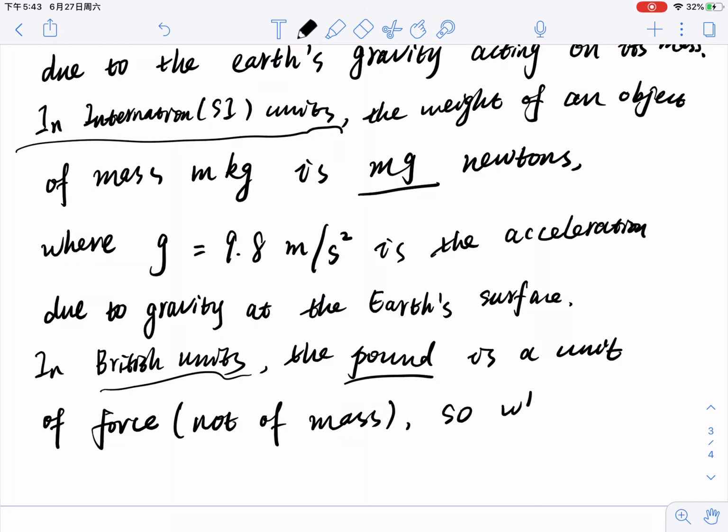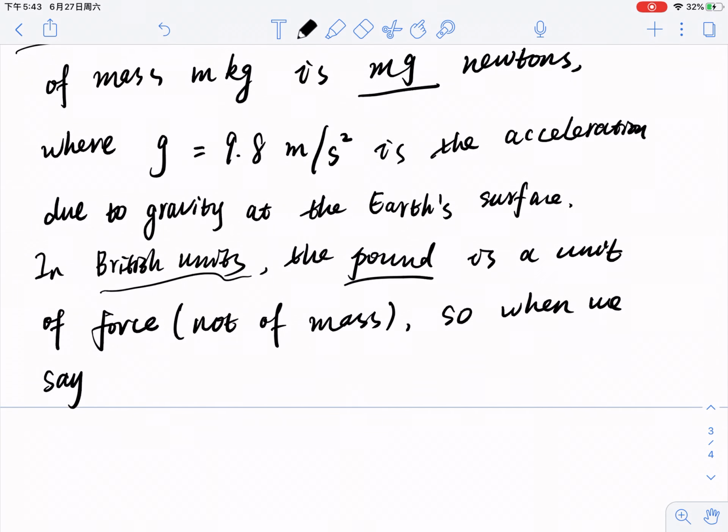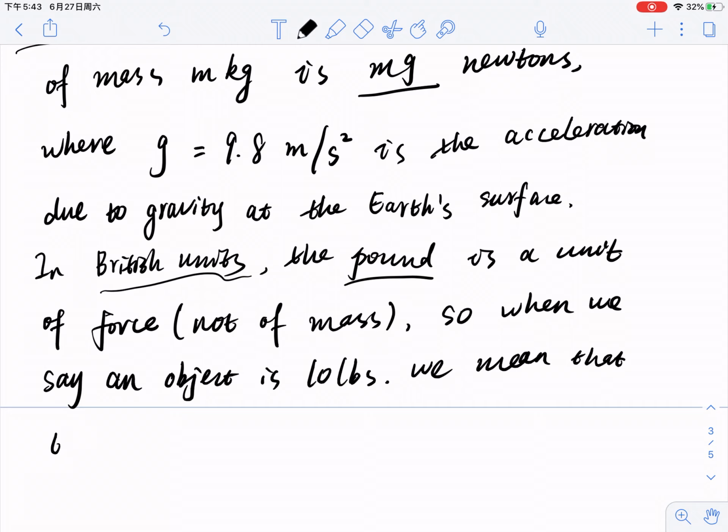So when we say an object is 10 pounds, we mean that the weight is 10 pounds.